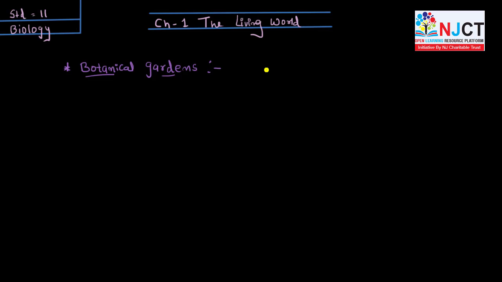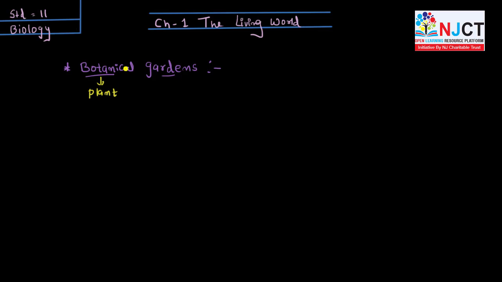Now, what is a botanical garden? See, the word botany itself, I've always told you to focus on words. They talk to you out loud. There's meaning in every word. Botanical, botany itself means you're talking about plants. Right? Botany, study of plants.